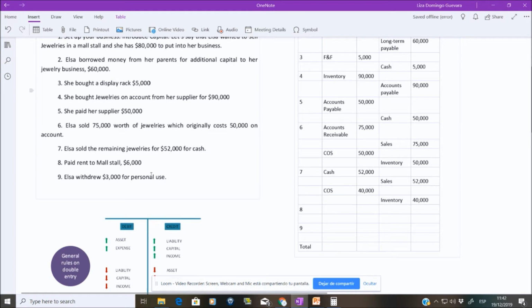So number 8, paid rent to the mall stall 6,000. So we'll debit rent expense of 6,000 and credit cash of 6,000.